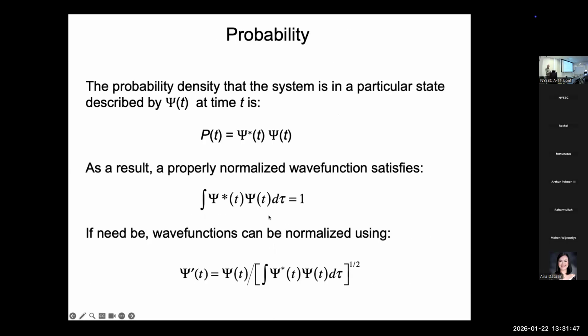The wave function, if we could figure out what it was, has an interpretation that the product of the wave function times its complex conjugate is the probability of finding our system in some particular state at that particular time. Normalized wave functions integrate to 1 because the probability of anything added up over all possibilities has to be 1.